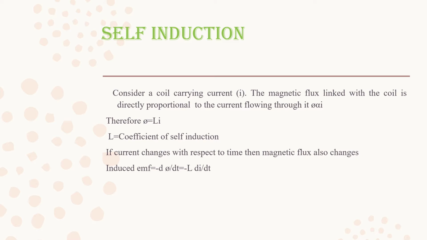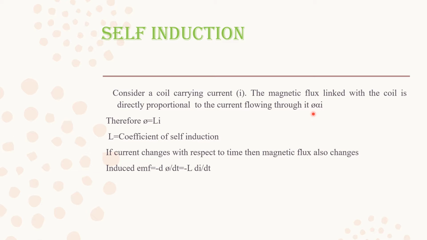As we have seen in the earlier slide, we had considered a coil, and through this coil current is flowing, say I. The magnetic flux linked with this coil is directly proportional to the current flowing through it. So phi is the magnetic flux and I is the current flowing through it.